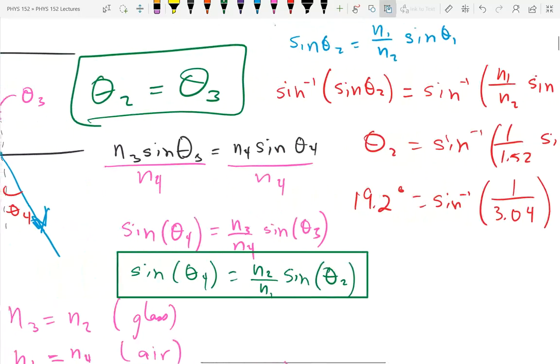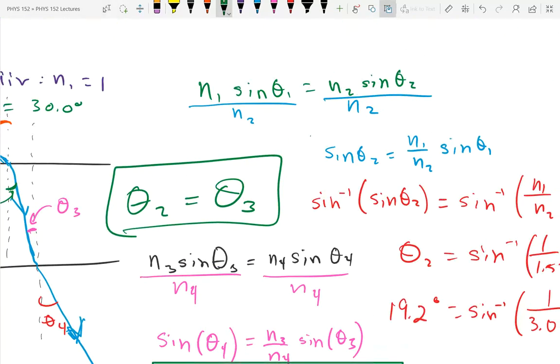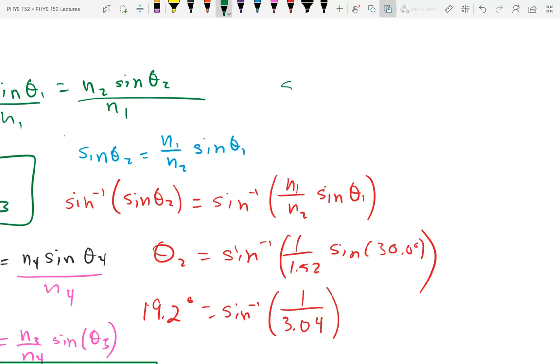Solve it the other way. Taking my initial equation here, if I divided both sides by n1, I would have had sine theta 1 is equal to n2 over n1 sine of theta 2.